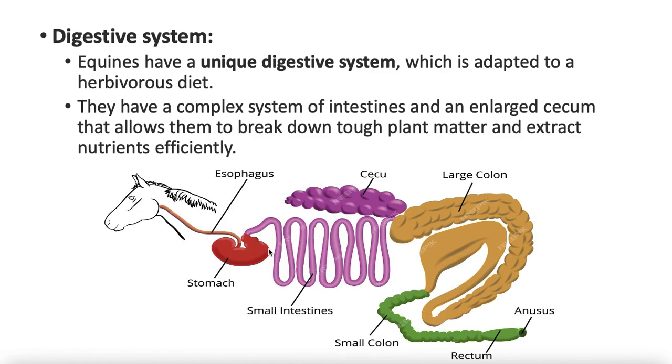Now their stomach is simple and small as compared to other animals, but their cecum is enlarged. Okay, that allows them to break down tough plant matter and extract nutrients efficiently. Their large intestine has a large diameter, as well as the adaptability to digest the nutrients and absorb them efficiently.